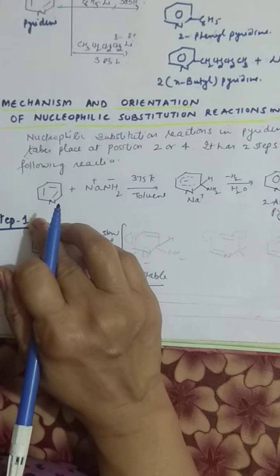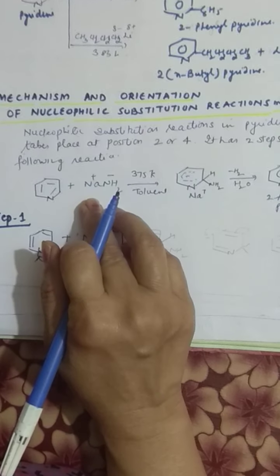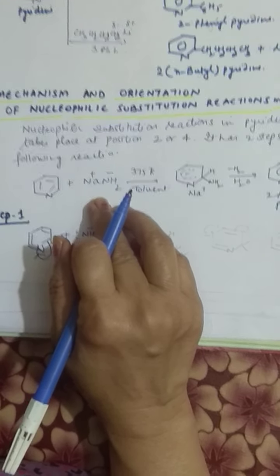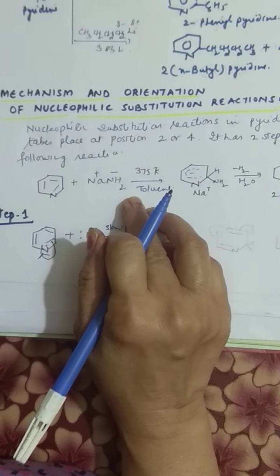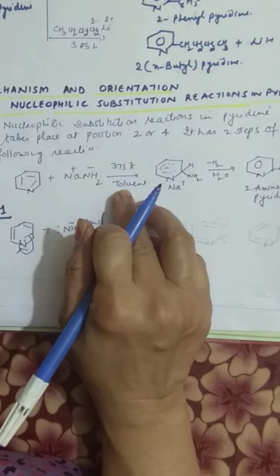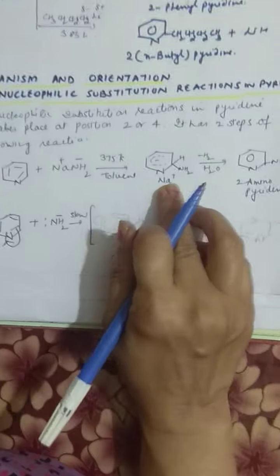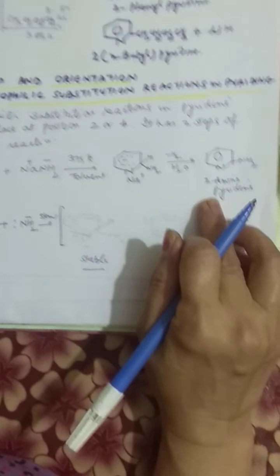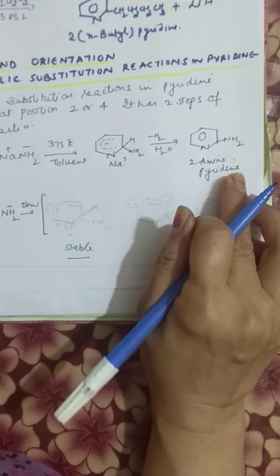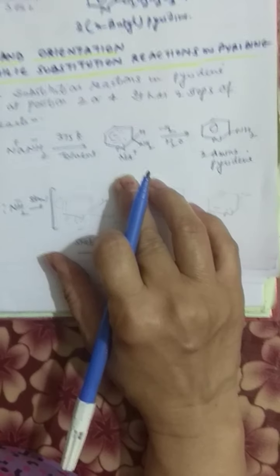So let's take an example: this pyridine when treated with sodamide at 375 Kelvin in the presence of toluene solvent, we get 2-aminopyridine. So let's write its structure, how the attack takes place.